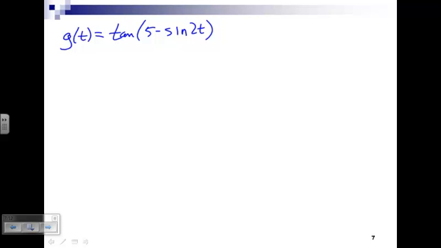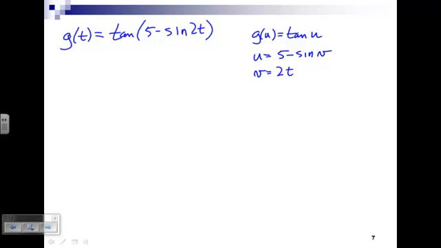So what's the answer? Outside is tan, so it's going to be tan u. What's the derivative of tan?